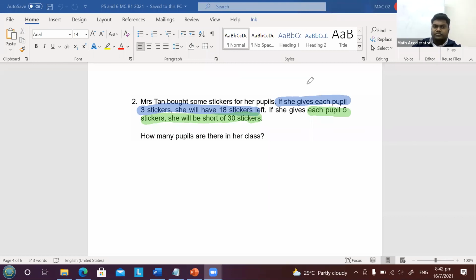Yep. Okay, very good. All of you seem to be getting it. The blue one, right? So quickly, once you identify the sentence that talks about excess, quickly draw a model for that one, because that sentence will tell you the total number of stickers. Okay, so go ahead and draw.